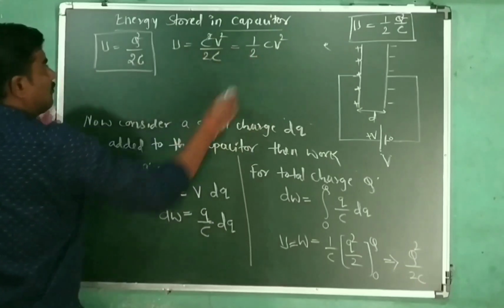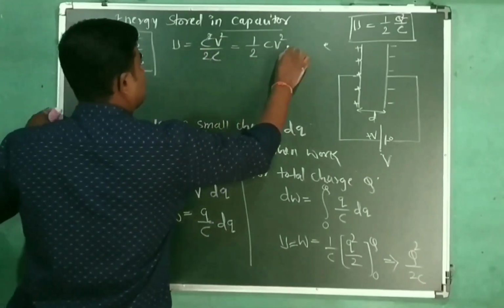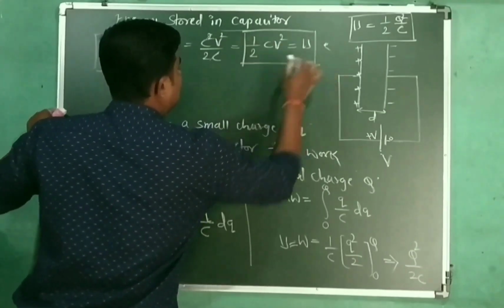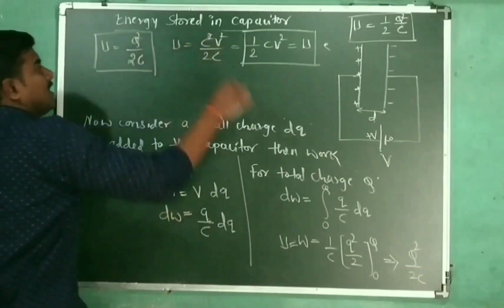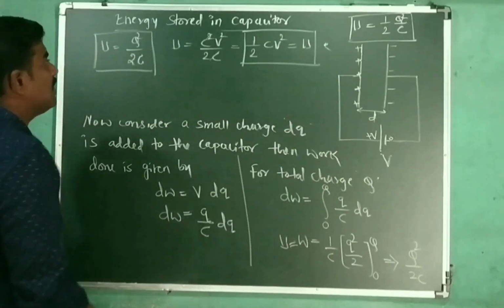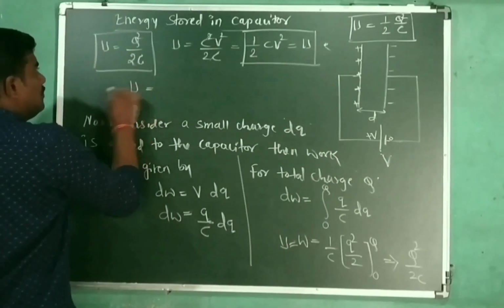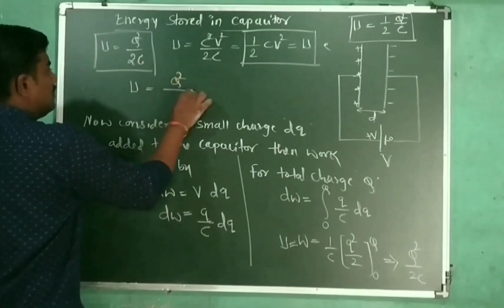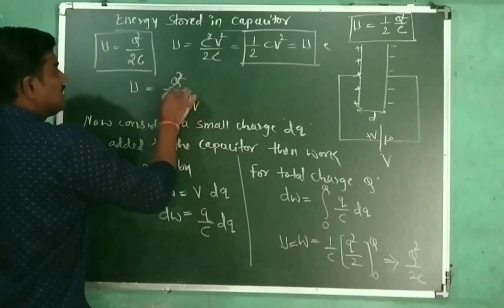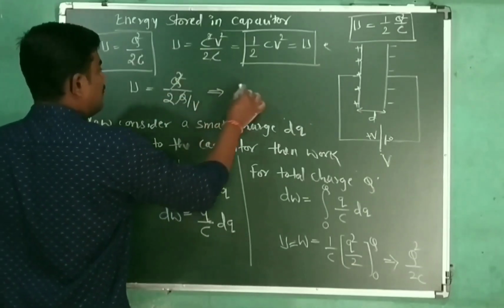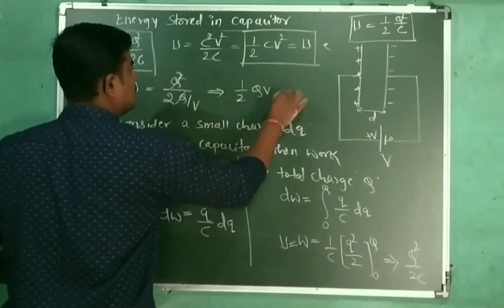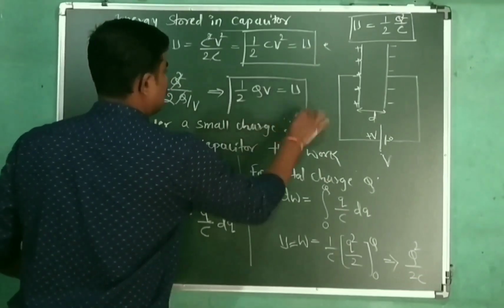This is also one formula. Energy stored in a capacitor U is equal to 1 by 2 CV square. I can also write Q square by 2C as Q divided by V times Q by 2C, so one Q is cancelled, therefore it is 1 by 2 QV. This is also one formula.